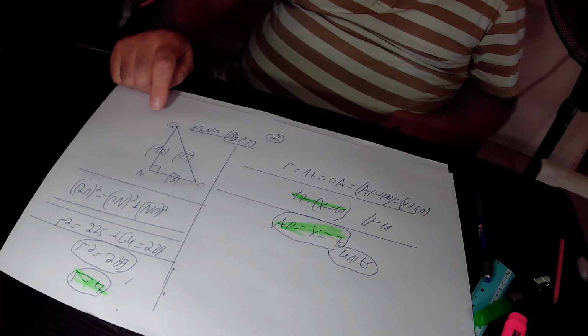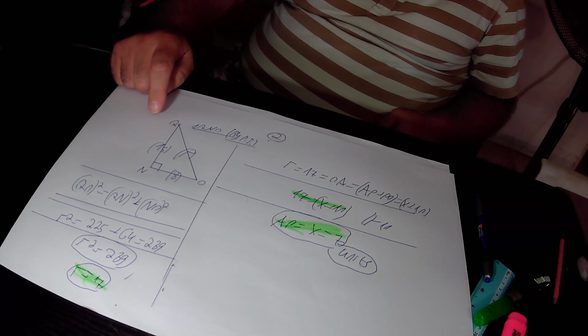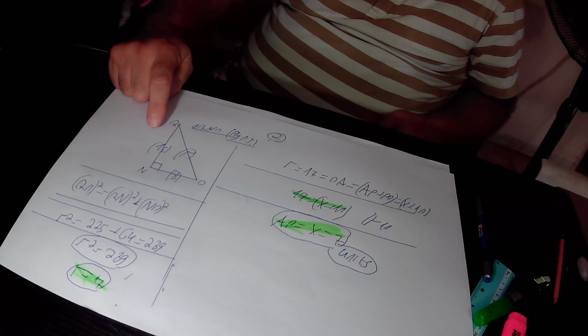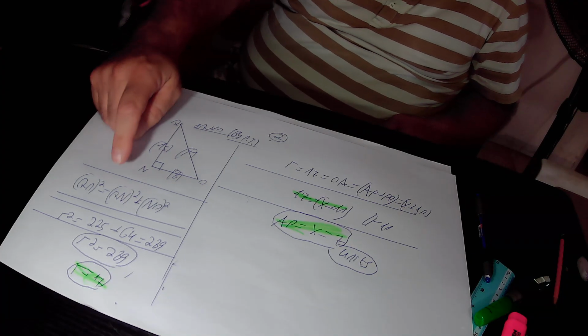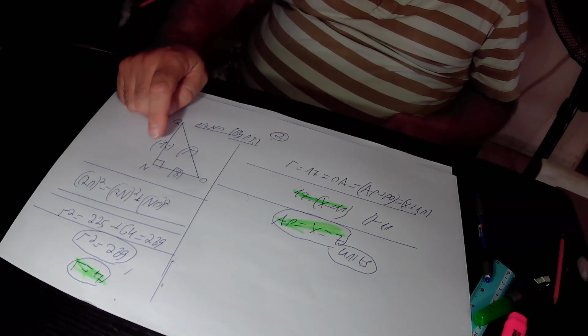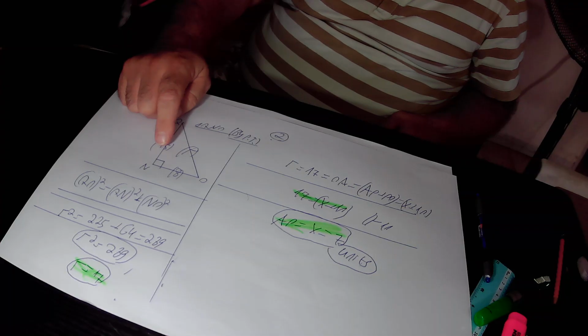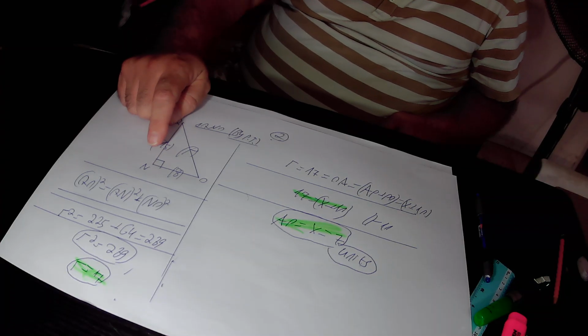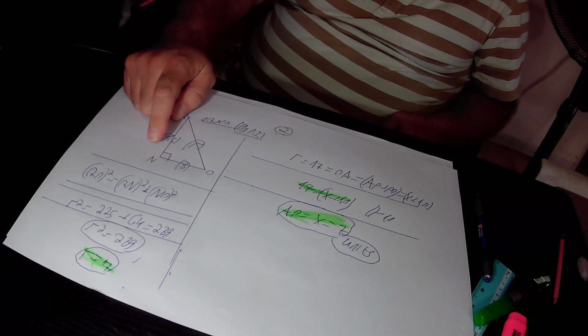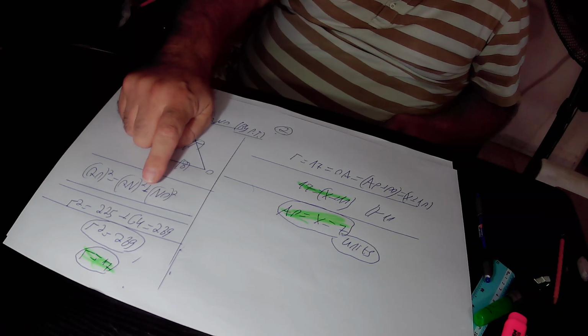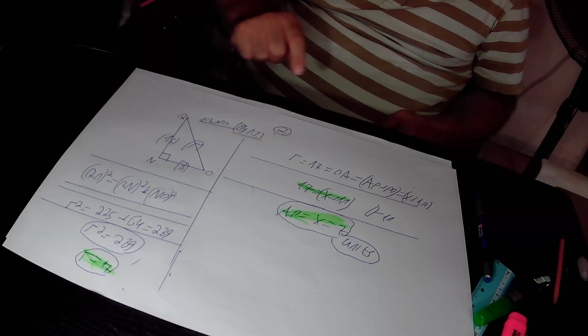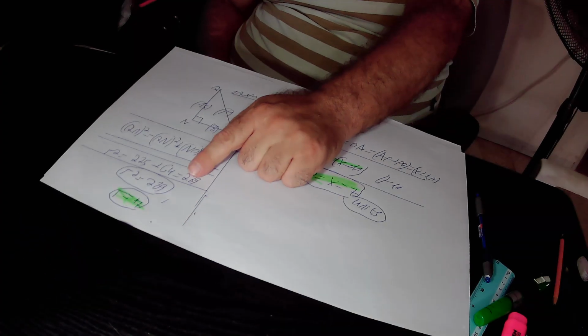QO is R, therefore QO squared is R squared, and it equals QN squared. QN is 15, therefore QN squared is 15 squared, that is 225, plus ON squared. ON is 8, therefore ON squared is 8 squared, that is 64. So in total, we found that R squared equals 225 plus 64. 225 plus 64 is 289. So R squared equals 289.